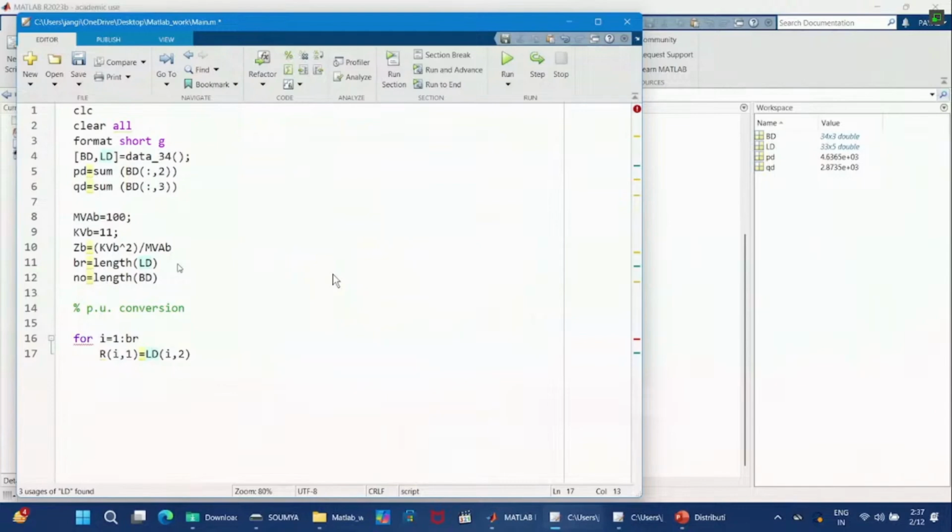R actually depends on line data, right? Not bus data. Do correct me if I went wrong. Line data, it is which data? I of 4th row.